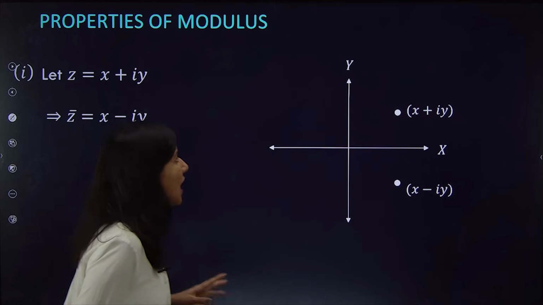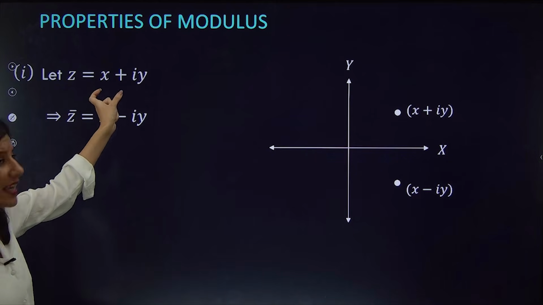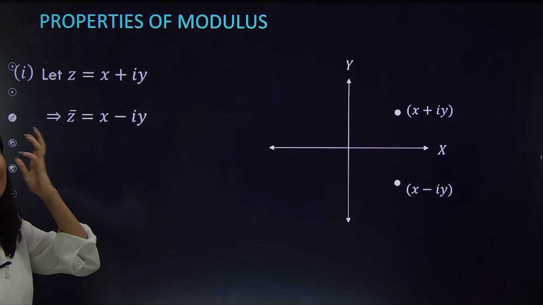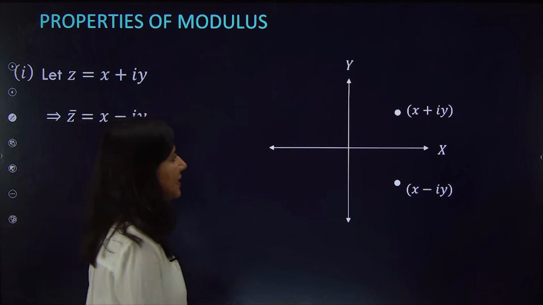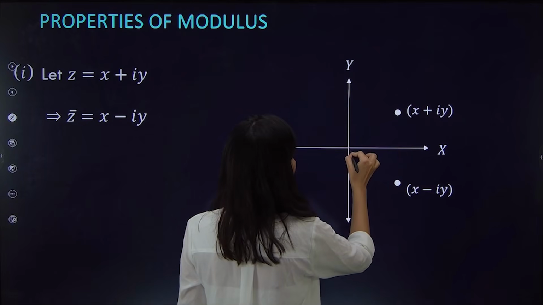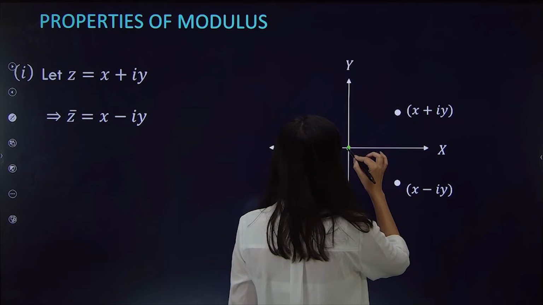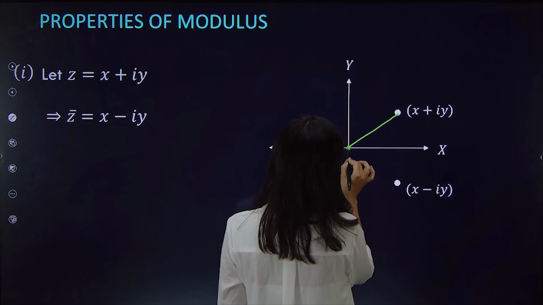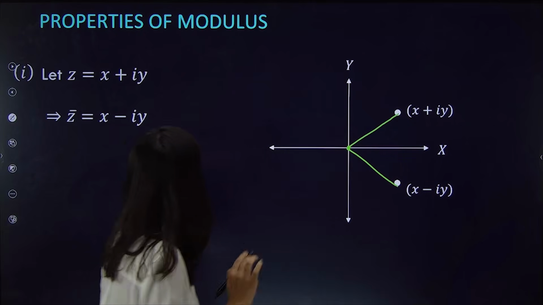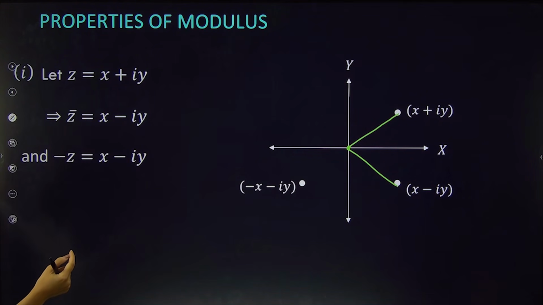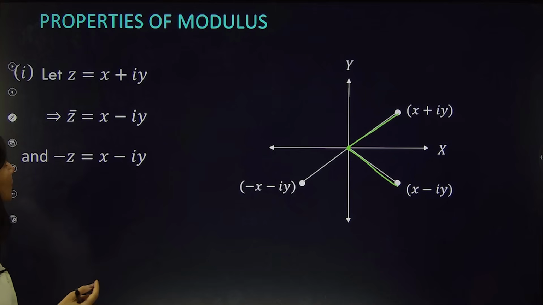Now if you take modulus of z and modulus of z bar, what will be the modulus? See, the distance of x plus iota y from the origin will be the same as the distance of x minus iota y. What does that mean? That the modulus of a complex number is equal to the modulus of its conjugate, right? So this is one property.